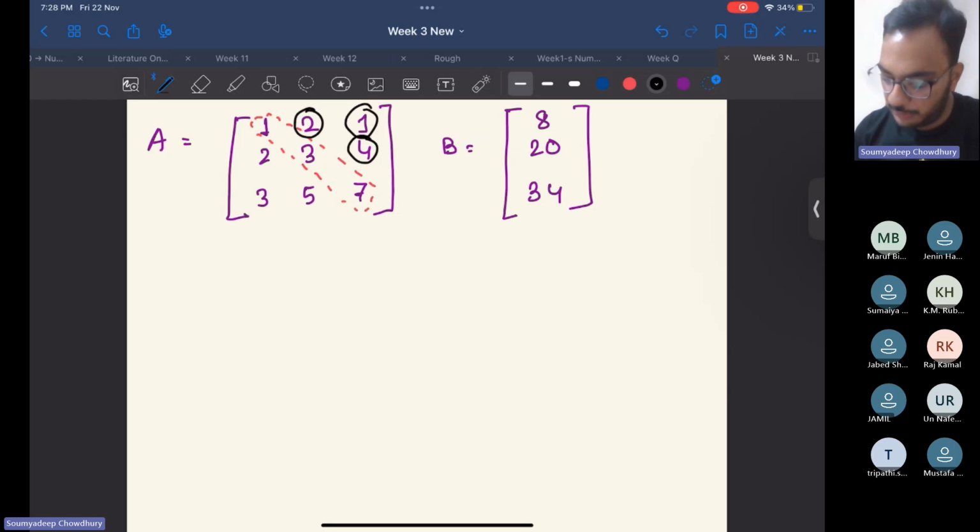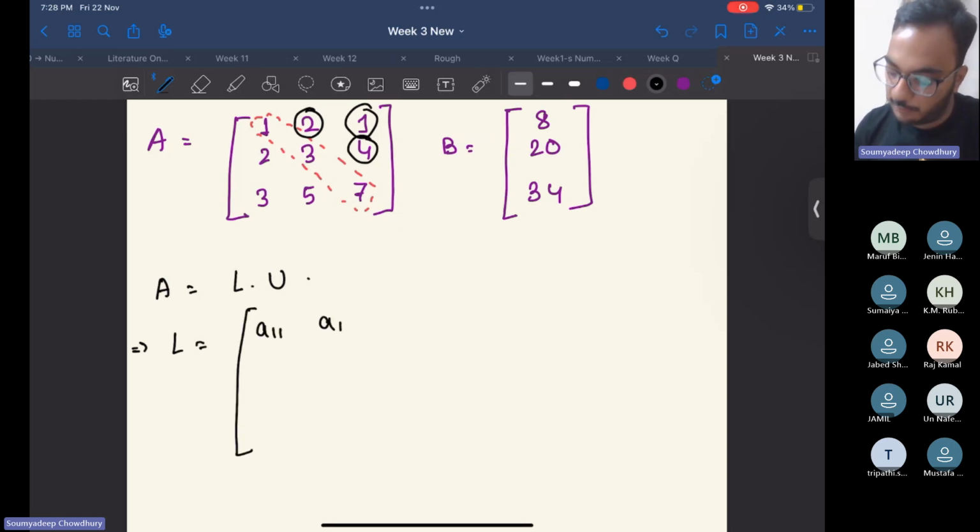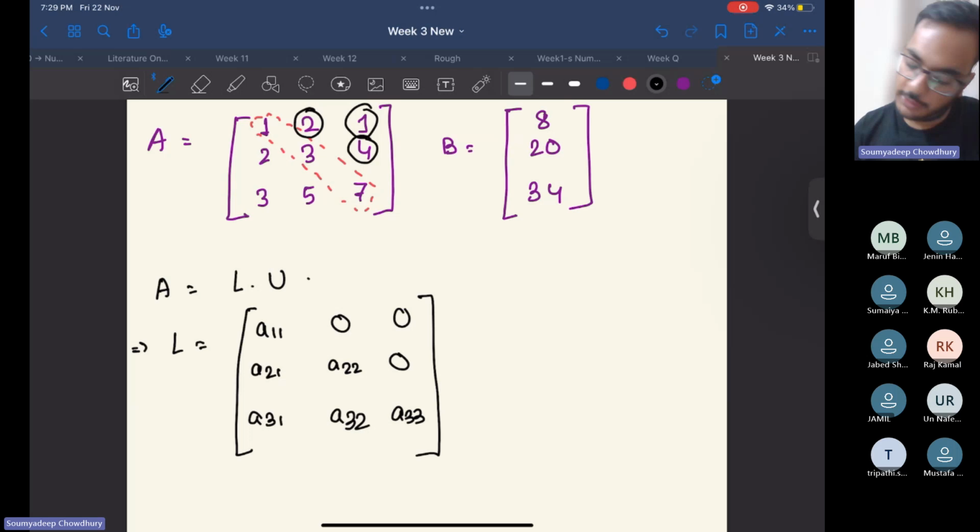So what I told you, this A is the multiplication of L and U, right? So the L matrix we can represent as L11, L12, 0, both are 0, and this is also 0, L31, L32, L33. And what is my U matrix?